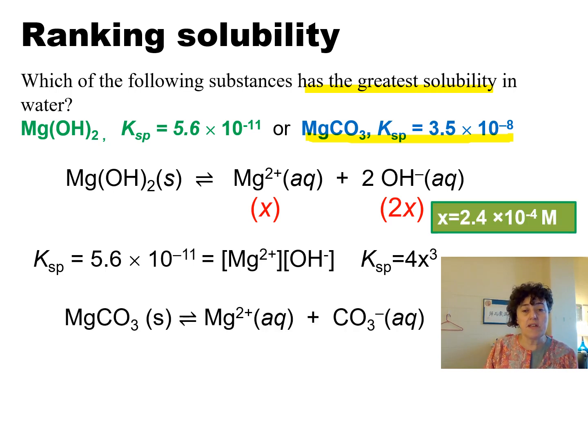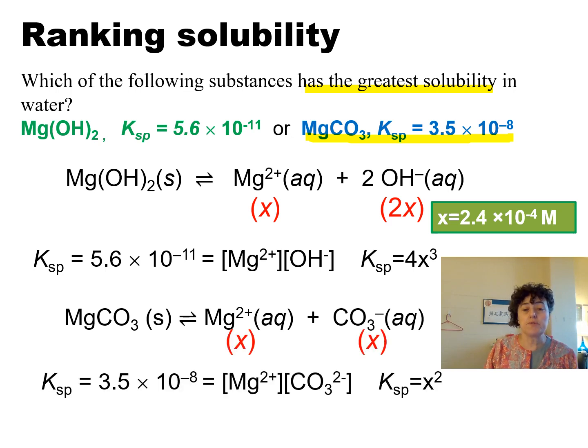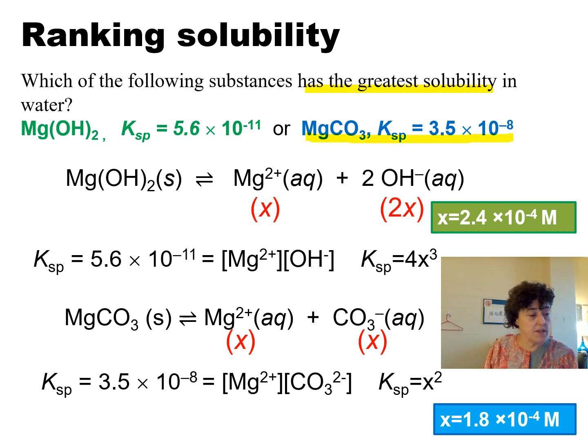And then you do the same for the magnesium carbonate, in which case Ksp is going to be equal to x squared, and you can calculate again the solubility. Now when you compare the solubility, you can see that the highest value is the one for the magnesium hydroxide, despite the fact that its Ksp was smaller. So this is an example where just comparing the numbers would have given you the wrong answer.